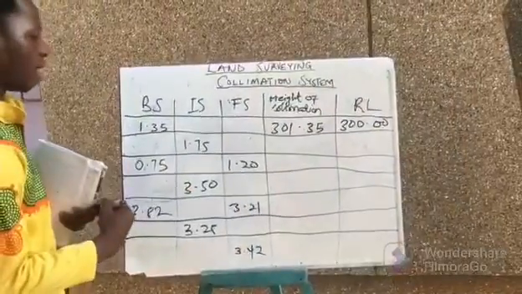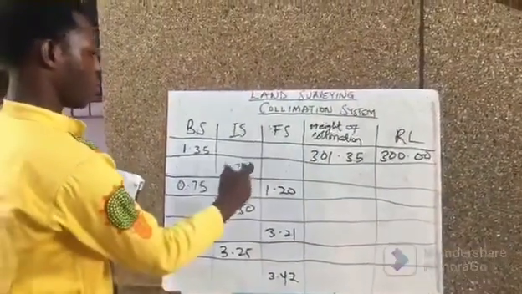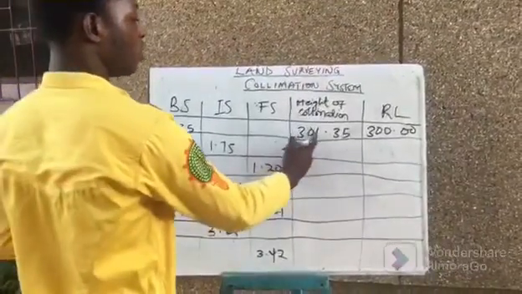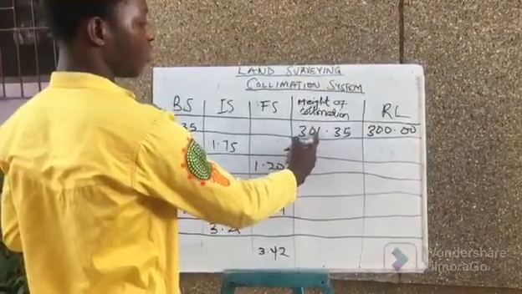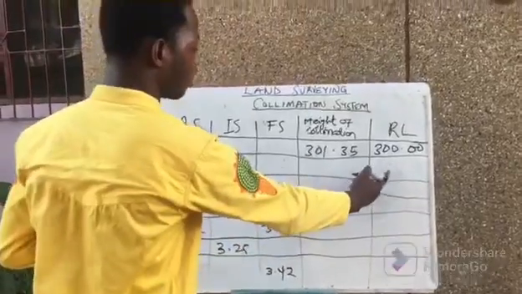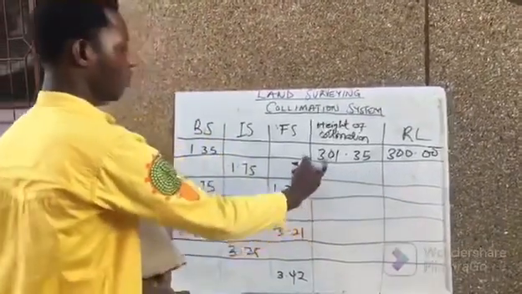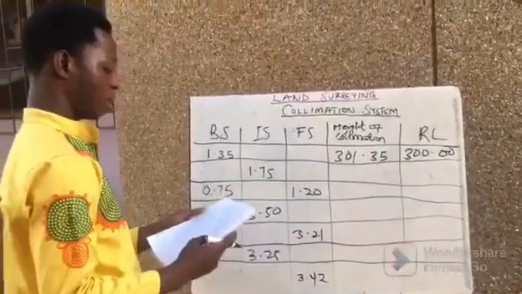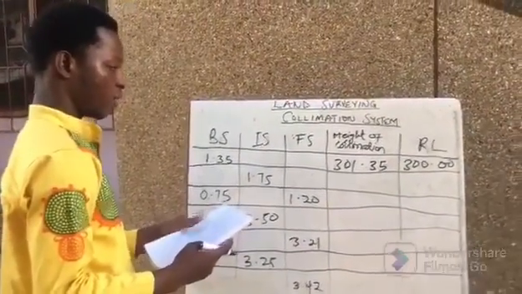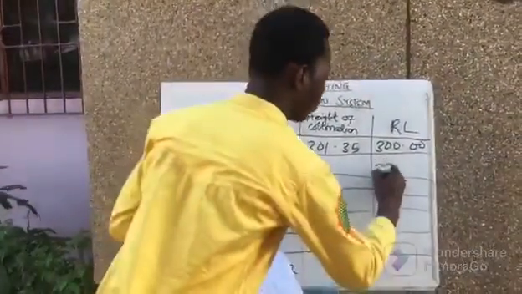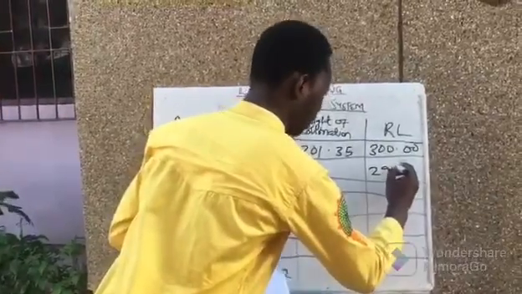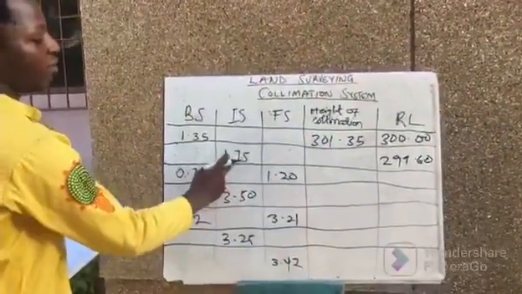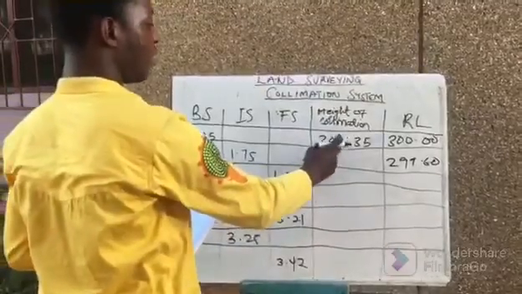So 301.35 minus 1.75 will give you 299.60.